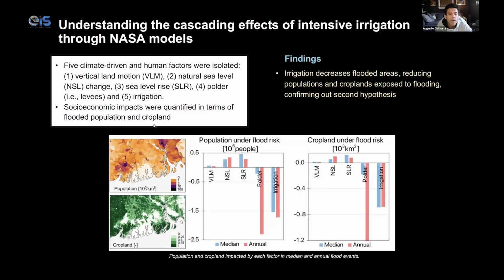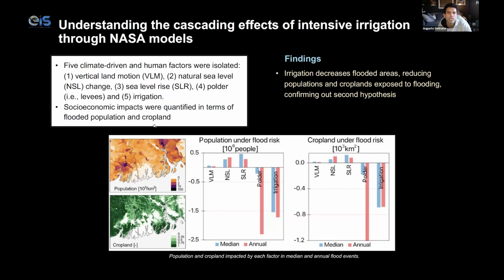Socioeconomic impacts were quantified in terms of flooded population and cropland using the two maps on the left. And the plots on the right summarize our main results. We can see that vertical land motion, natural sea level change, and sea level rise combined put about 800,000 people and around 190 square kilometers of cropland under flood risk. Vertical land motion impact alone is minor, about 8%.